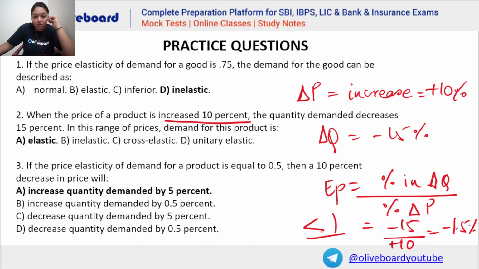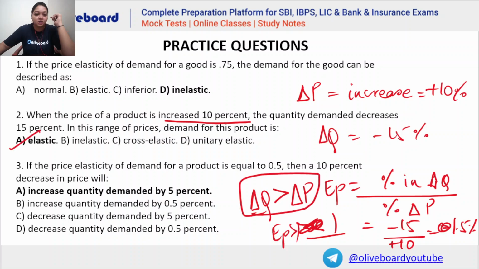We don't consider the sign. So here percentage change in quantity demanded is more than the percentage change in price, then the demand is elastic, okay? So this is how you need to use the formulas, or this is how you need to substitute the values given.